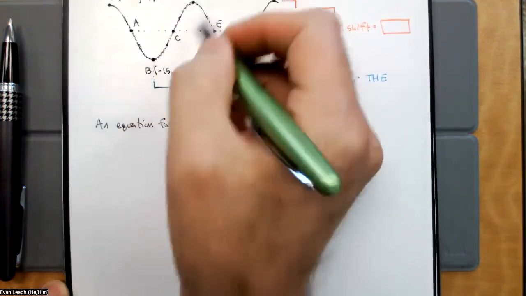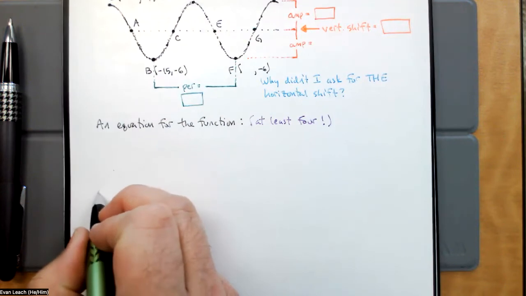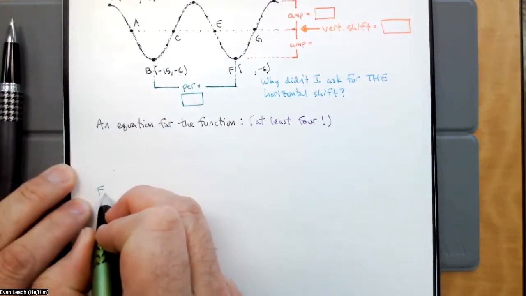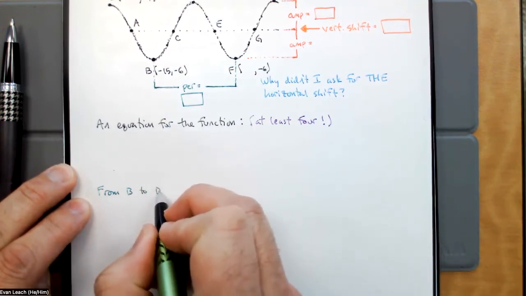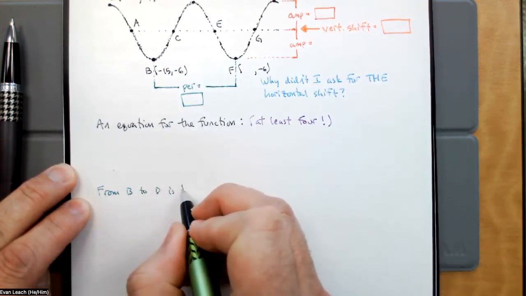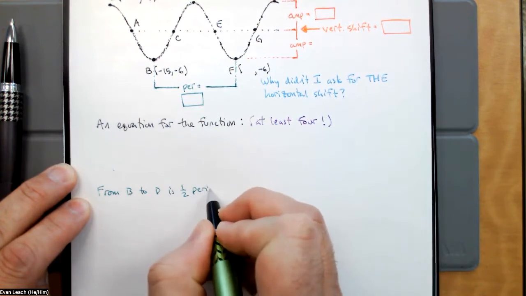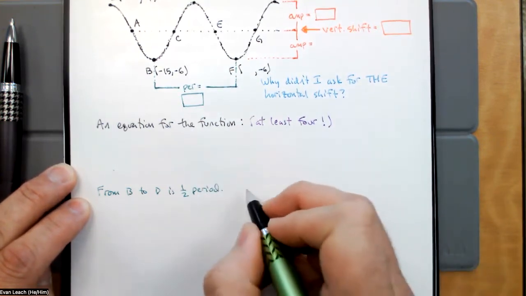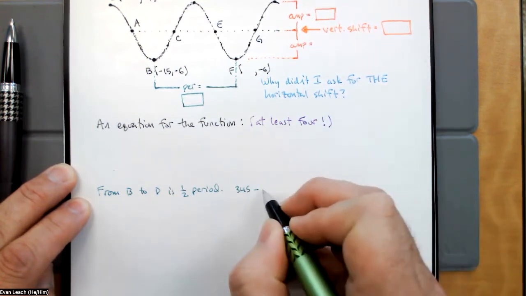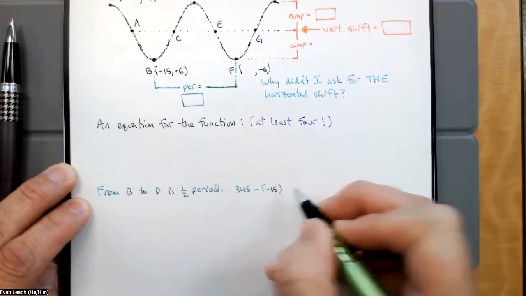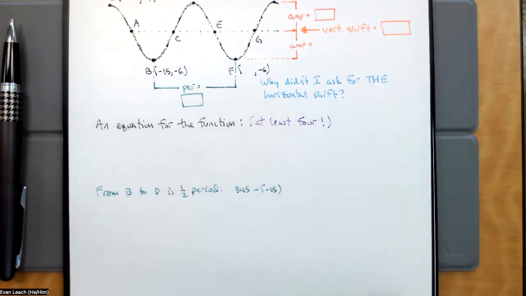So notice that going from point B to D is half a period. The 15 is negative. What you actually did was subtract those two numbers, but you simplified it.